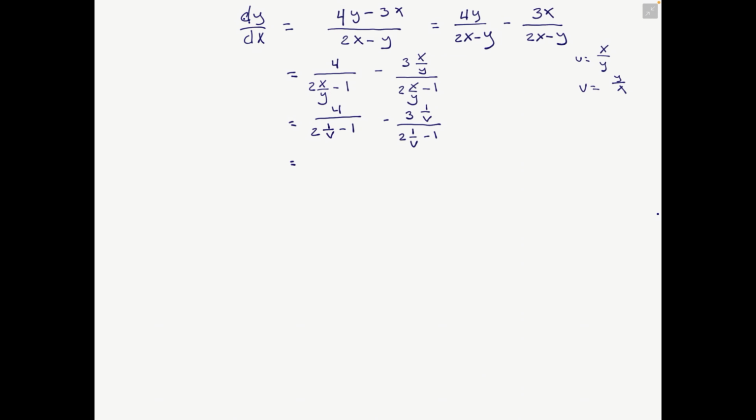So we have 4v over 2 minus v, minus 3 over 2 minus v.